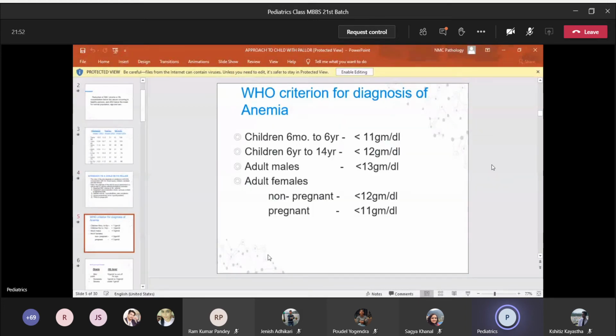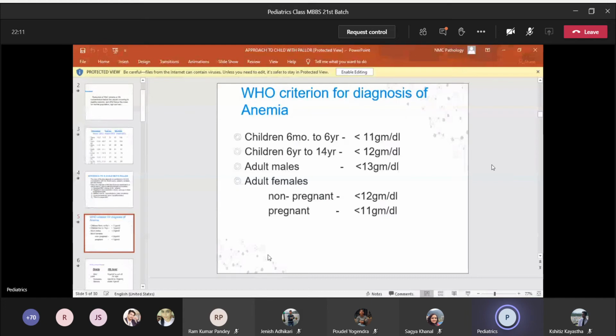So as per the WHO criteria, anemia can be defined in children as hemoglobin less than 12 gram per deciliter.